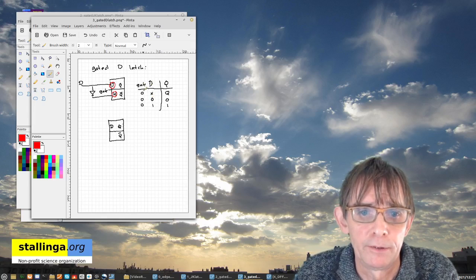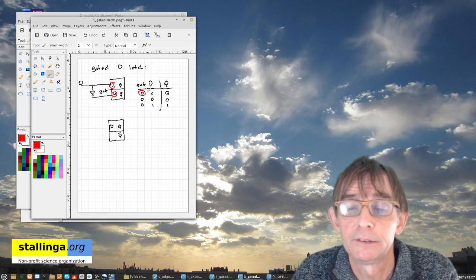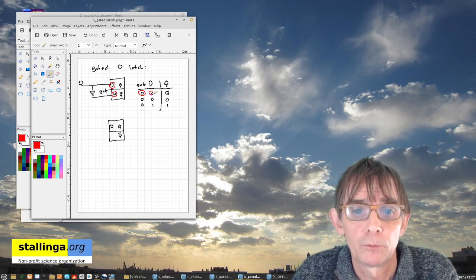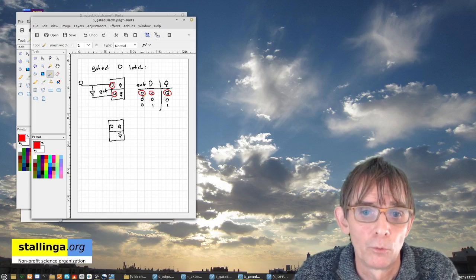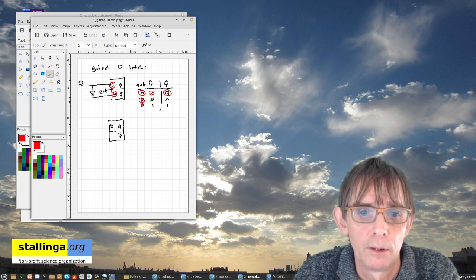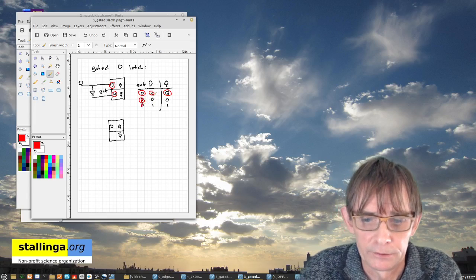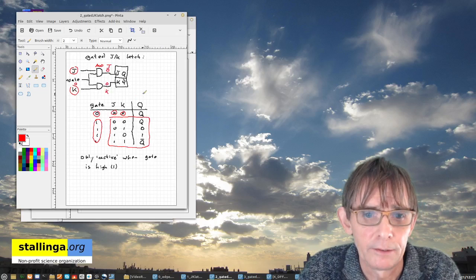We have that, like the other one, if the gate is 0, then it doesn't matter what D is, the output is maintained. However, if the gate is 1 and D equals 0, let's take a look at the previous slide here.